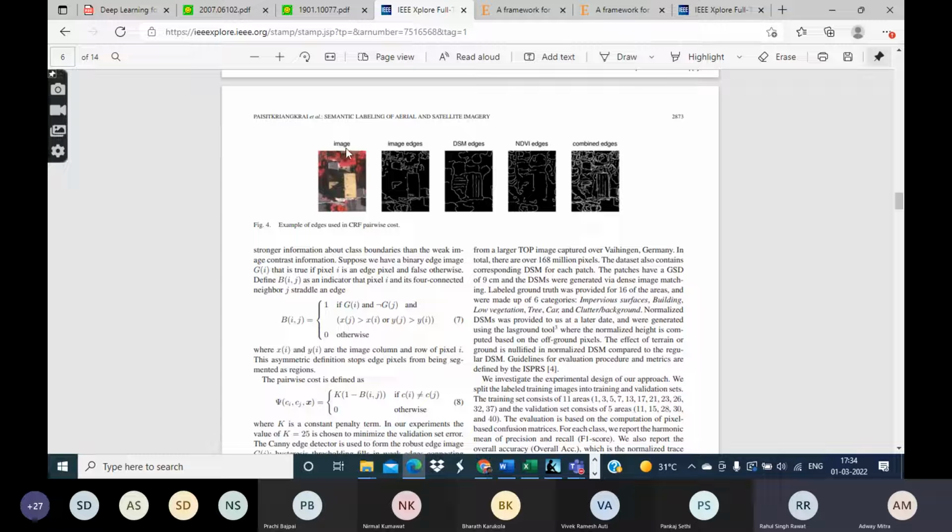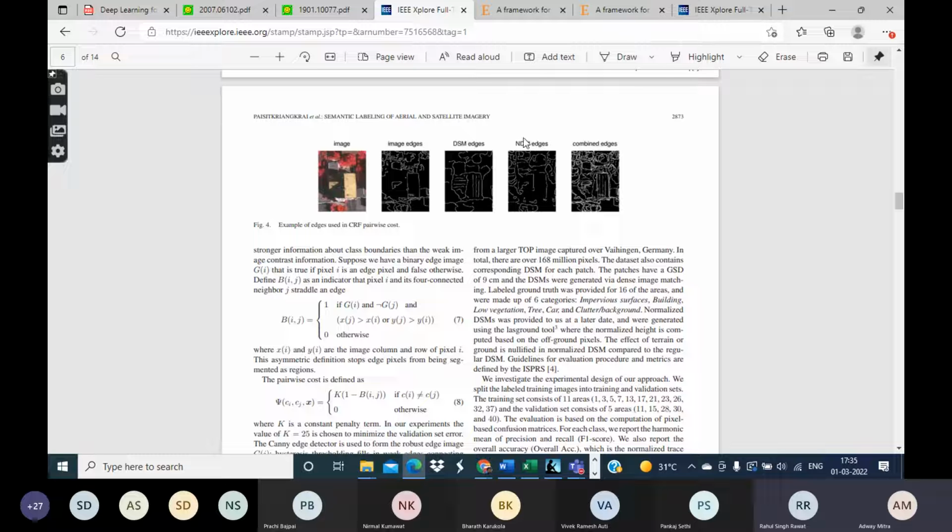Maybe a CIR image is available, or maybe there is something known as NDVI, the normalized difference vegetation index, which can be calculated. That's also based on satellite imagery only. So for the same region we can get different kinds of images, and each kind of image can be processed and a set of edges can be found like this.